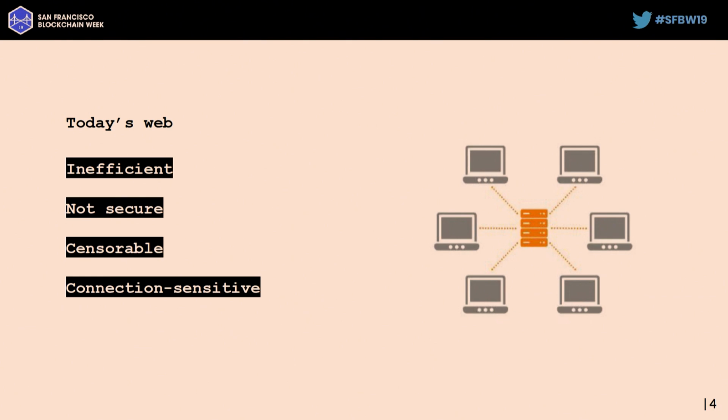Usually, if you're talking about HTTP, the requests are also not signed, so there could be a man in the middle. You can tamper with requests, and it's not really great. Also, this architecture is perfect for corrupt governments, for censorship, for any kind of controlling and turning off a service that somebody doesn't like.